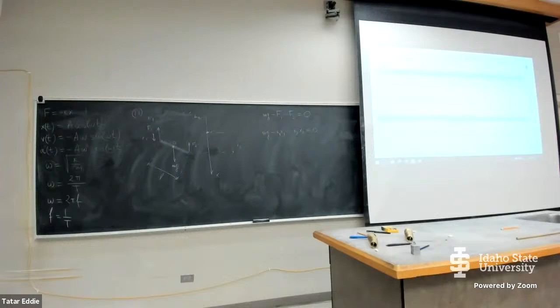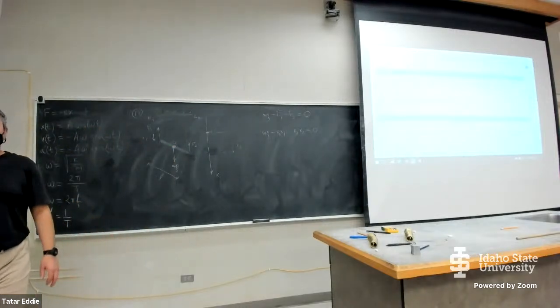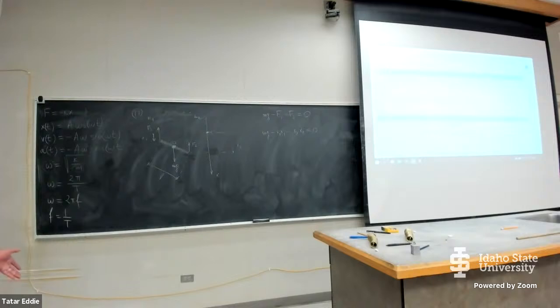Well, the torque is always with respect to some axis of rotation, but you can choose the axis of rotation of the stick anywhere you want because the stick is not rotating. So I would choose the axis of rotation to be right in the middle where the gravity force acts. This is going to make the torque generated by gravity 0.